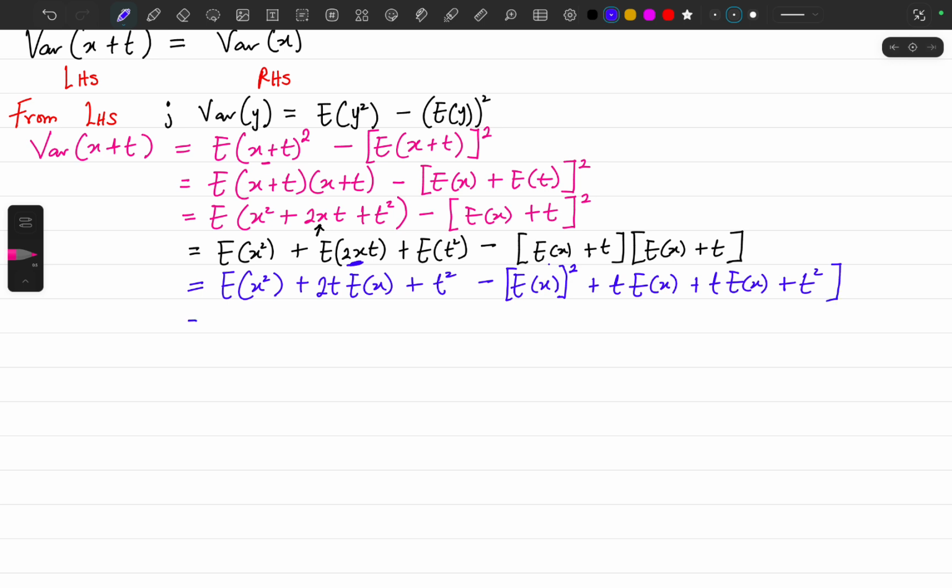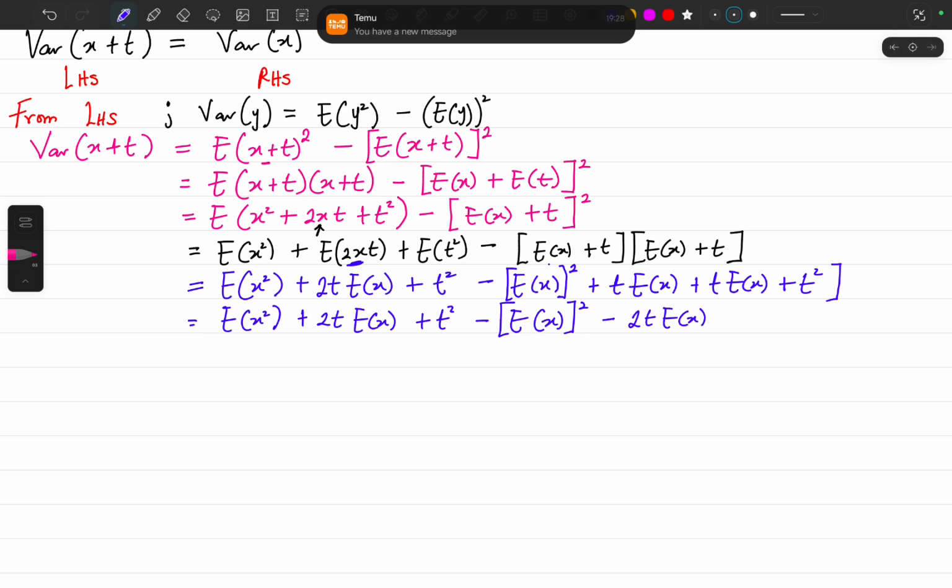So here we'll get the expected value squared plus 2t of the expected value plus t squared, minus, if you open this bracket, you're going to get the expected value all squared, then minus 2t of that expected value. Then you're going to get minus t squared.